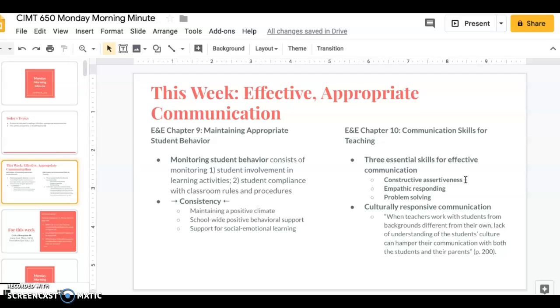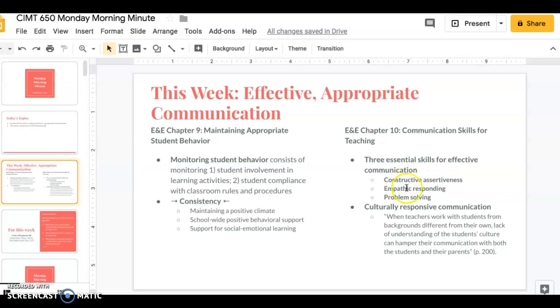It is between the poles of extreme aggressiveness on one end and timidity on the other, which I think is really helpful to think about and to visualize. They also point out that constructive means building students up and not tearing students down, which can sometimes be the gut reaction when students disobey our instructions as educators, right? They go into depth about this.